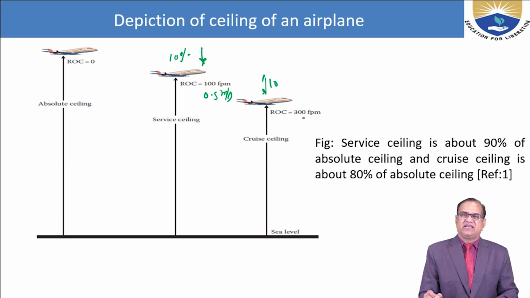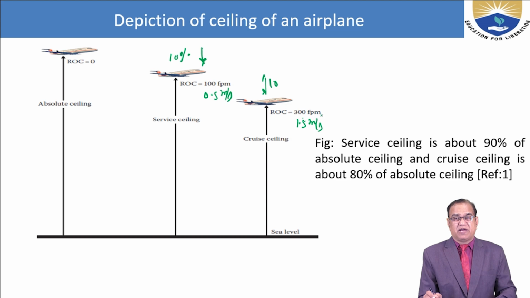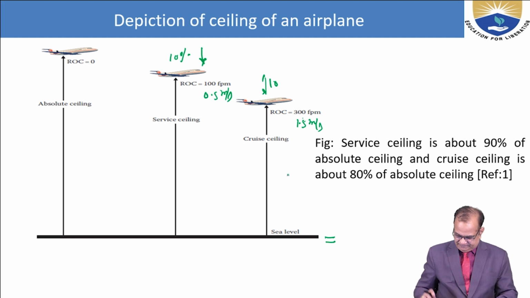In this, the altitude at which the aircraft maintains 1.5 meter per second or 300 feet per minute rate of climb is called the cruise ceiling. And here is the sea level. All these heights are measured from the sea level.